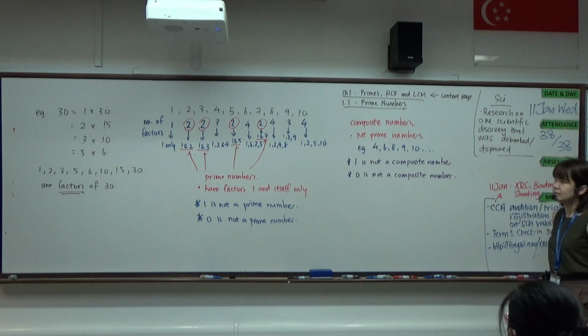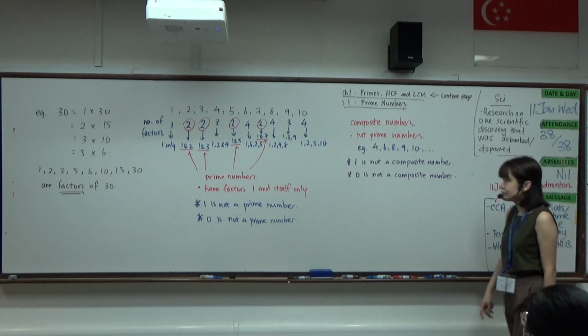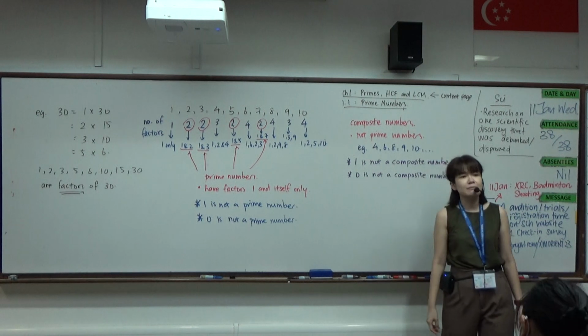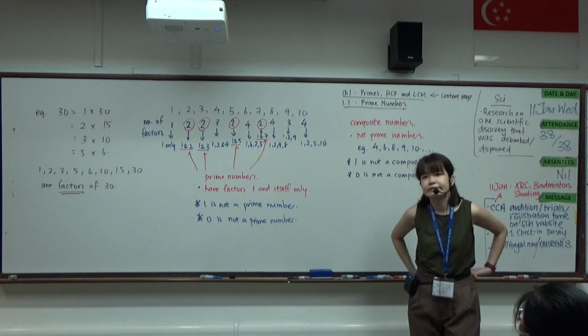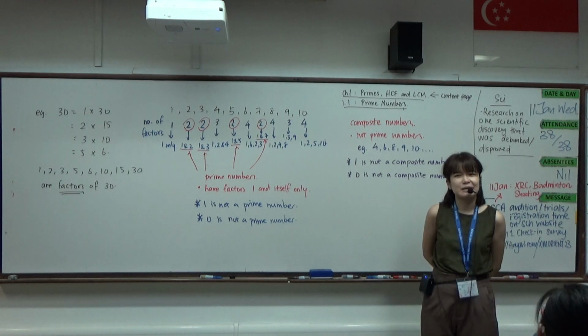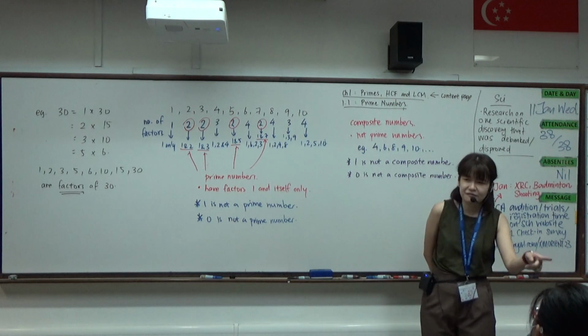Out of prime numbers itself, what is the smallest prime number that we have? 2. Okay, 2 is the smallest prime number. How many prime numbers do you think could be even? 1. Can there be more than one even number that is going to be prime? Okay, very good, Ati.